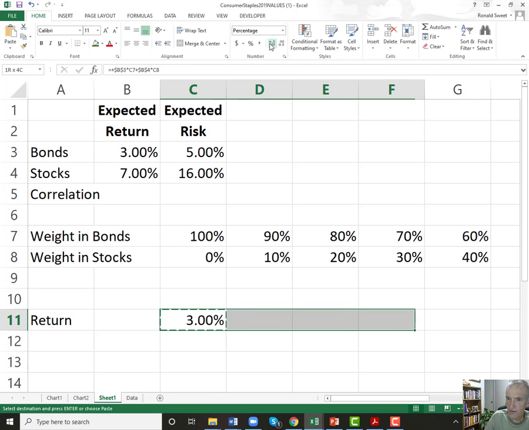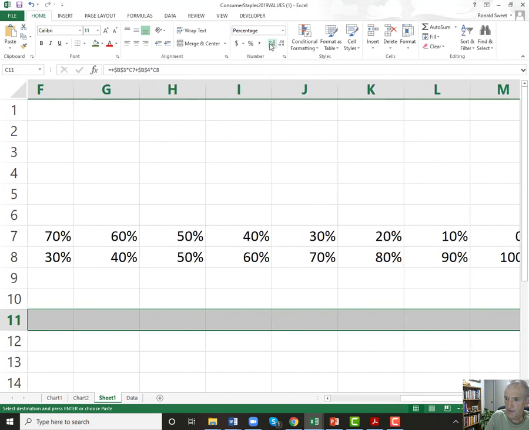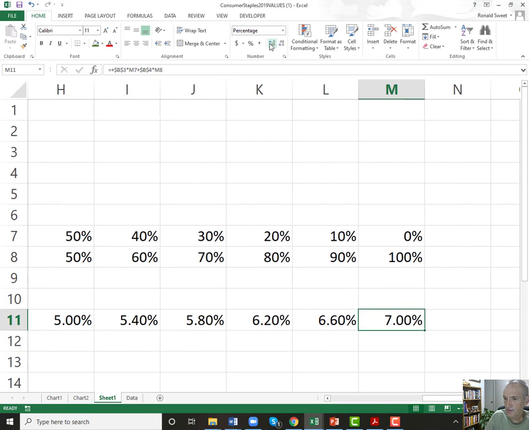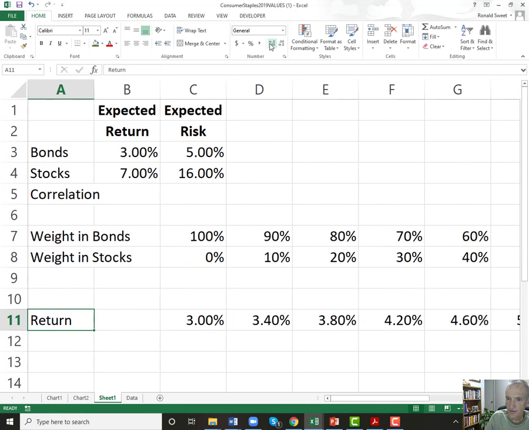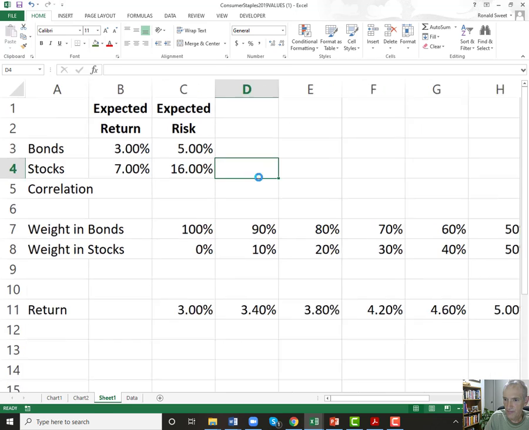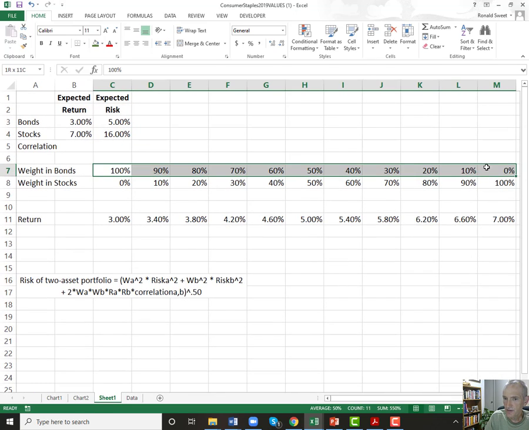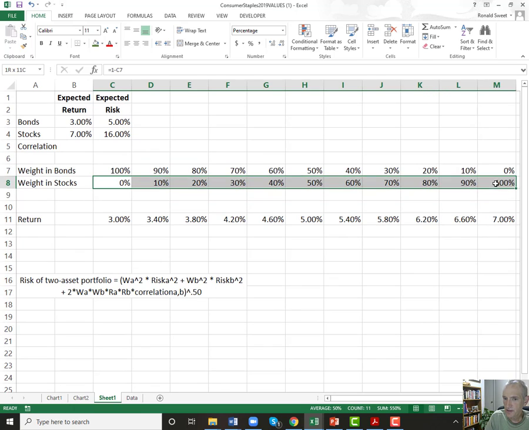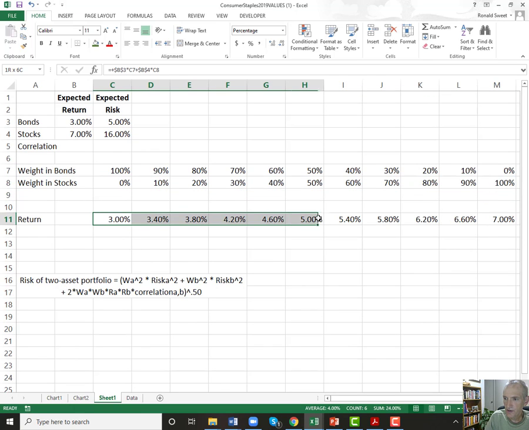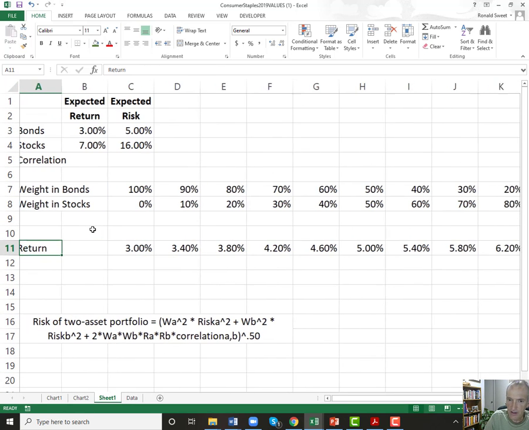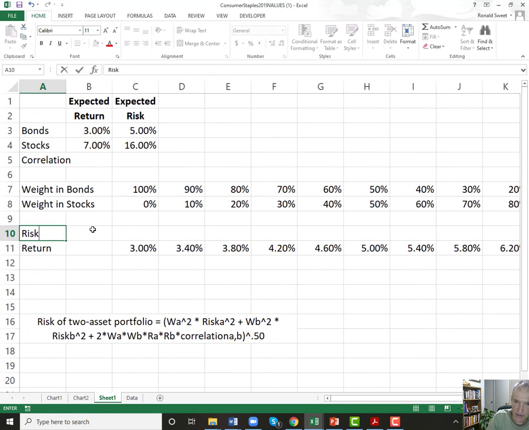So we copy that across. Obviously, when we get to 100%, we'll have a 7% return. So we go 100% down to 0, 0 up to 100%, and our return will just go up as we add more in stocks. Now the question is, what is our risk?